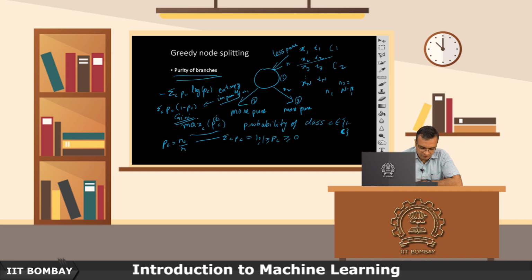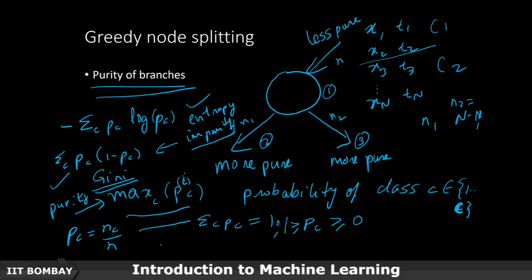So these are three different ways of measuring. This one is measuring impurity, and this one is measuring purity. We can take the negative of any of these to convert it to the other. As we were saying, we split a node in a tree based on what kind of split will give us the maximum increase in purity or the maximum decrease in impurity, based on the training samples coming to a particular node.